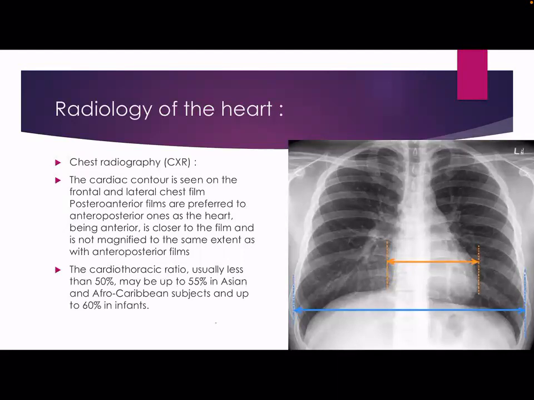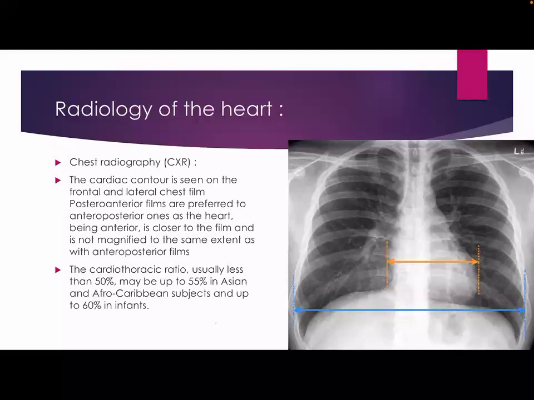Radiology of the heart: we have different modalities to evaluate the heart, starting with the chest X-ray. In the chest X-ray, we can obtain two pieces of information: first, the cardiothoracic ratio, and second, the position of the valves. The cardiothoracic ratio is measured by dividing the horizontal transverse cardiac diameter by the horizontal transverse thoracic diameter.